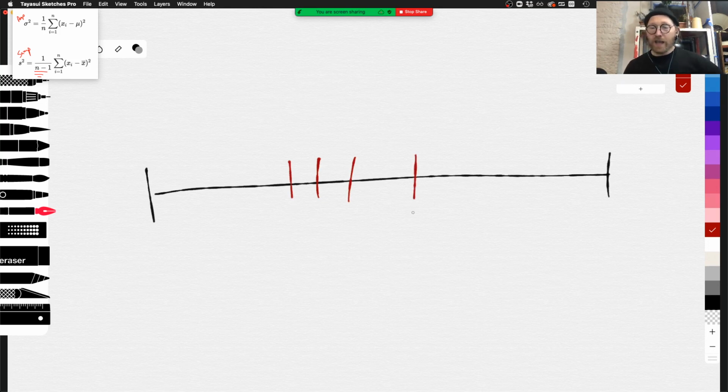And if that's the case, and we're considering the difference between each data point and the mean, then we need to account for that extra area, right?